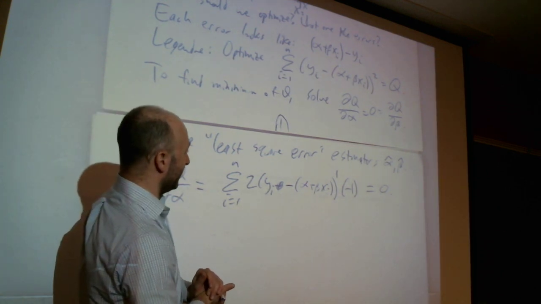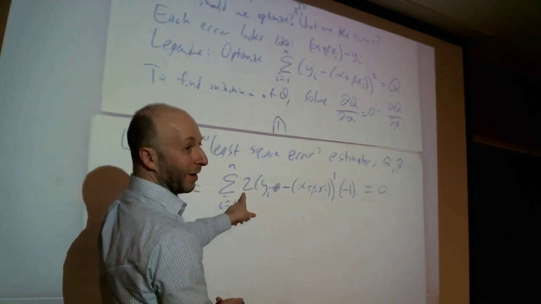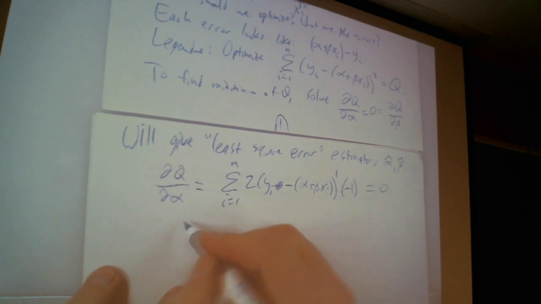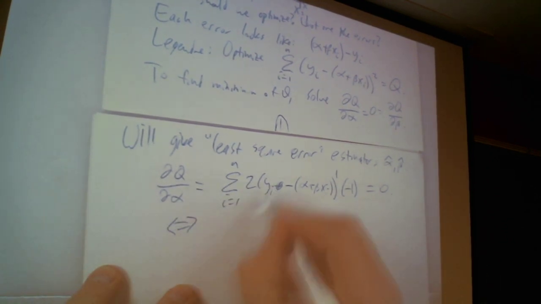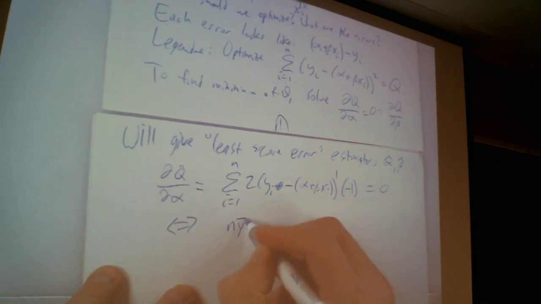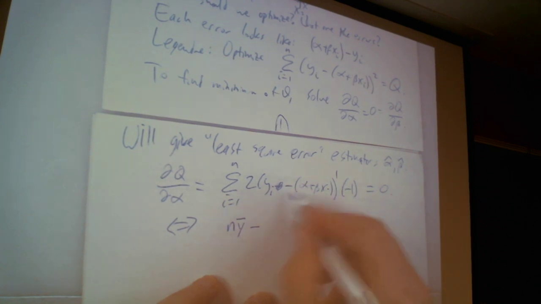Okay? That -1 is a constant everywhere. That 2 is a constant everywhere. I can multiply the whole equation by -1/2. So this is equivalent to the sum of the yi, which I can write as n y bar, y bar being the average value of the y's, minus alpha. How many times do I get alpha?